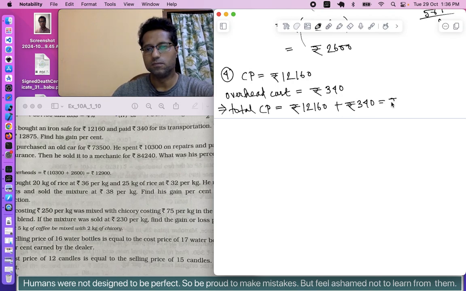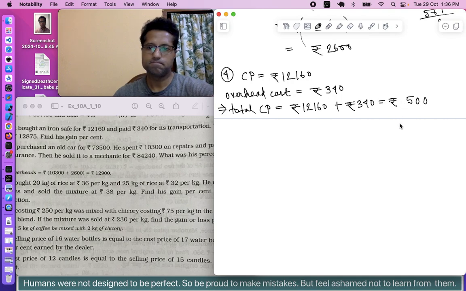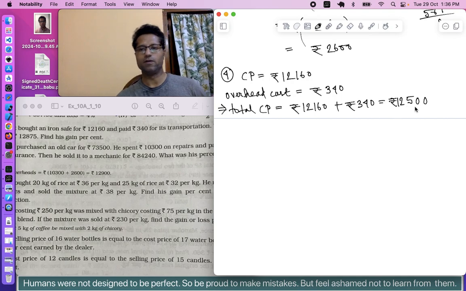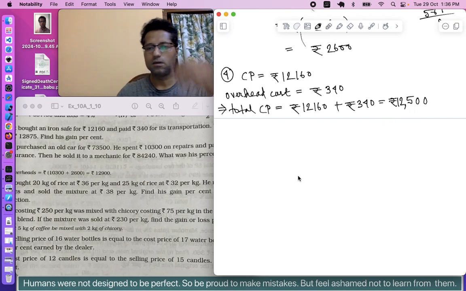This is equal to rupees 12,500, which is the effective or total cost price. SP is given.